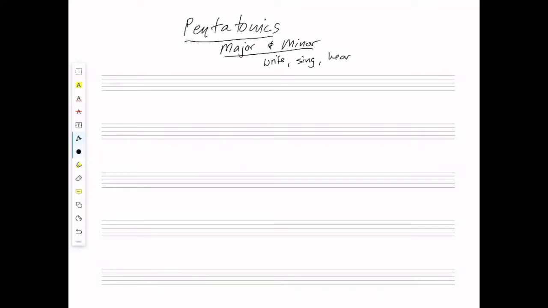Pentatonics, in my opinion, are quite easy to understand if you understand major scales, as I've always said. So a pentatonic scale is basically a major scale minus a couple of notes. For the sake of difference today, I'm going to stick in the E flat major tonality.